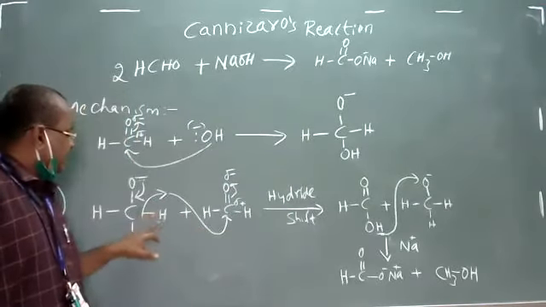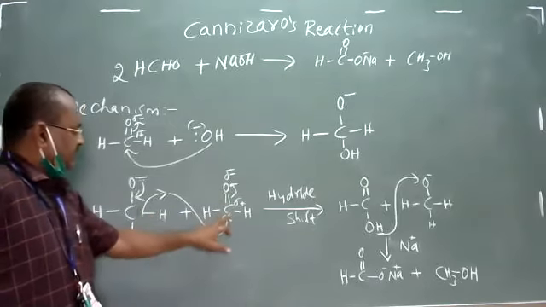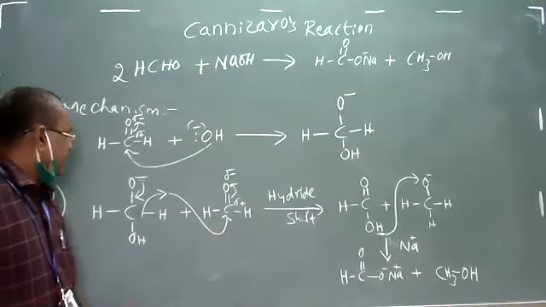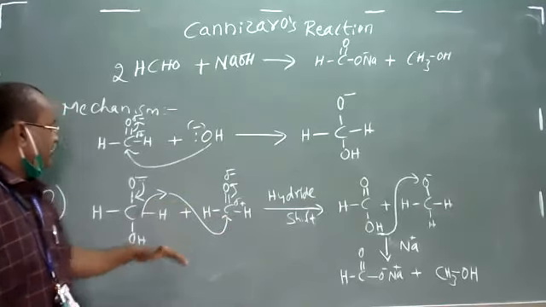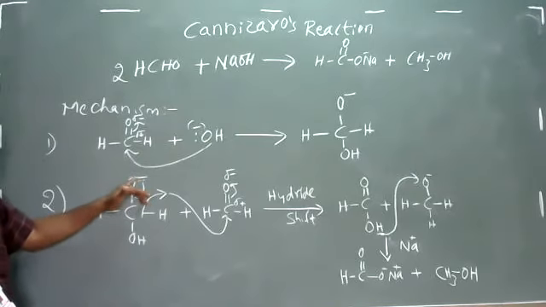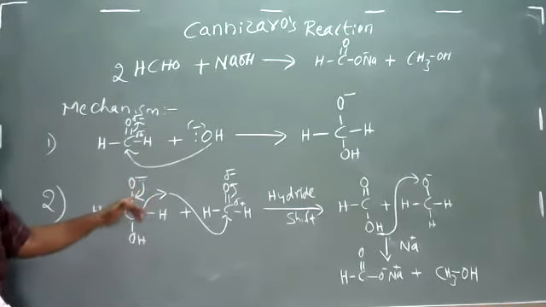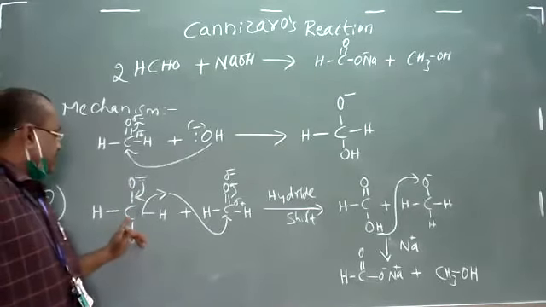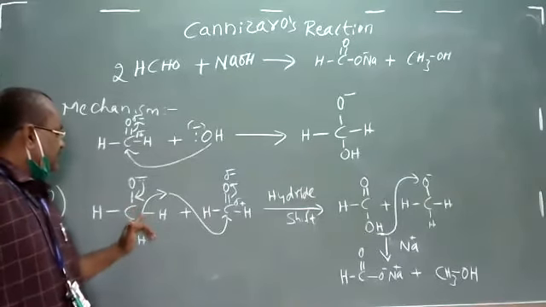mechanism, where this hydride ion is going to attack the carbonyl carbon of one more molecule of aldehyde, the second molecule of aldehyde, and this all happens when that oxide ion wants to stabilize. The pair of electrons from this oxide ion oxygen will try to form a double bond between oxygen and carbon. So when it forms this, the carbon is becoming pentavalent, so it wants to convert to tetravalent only.